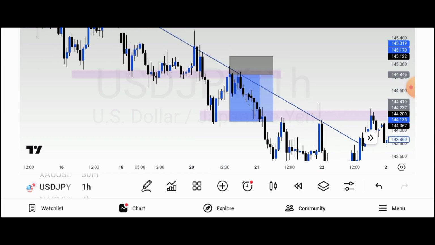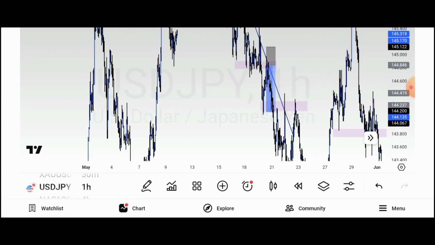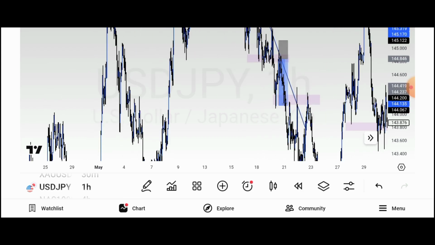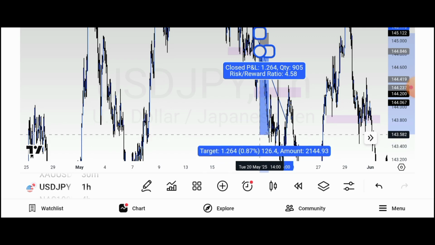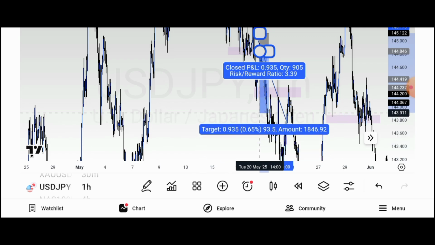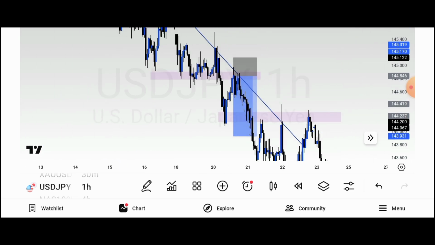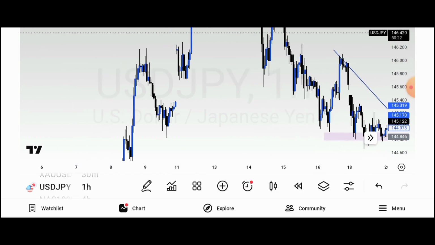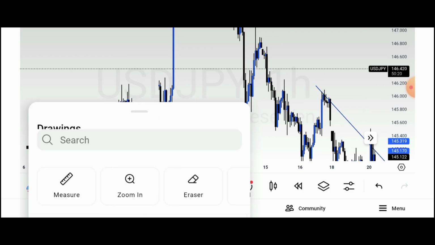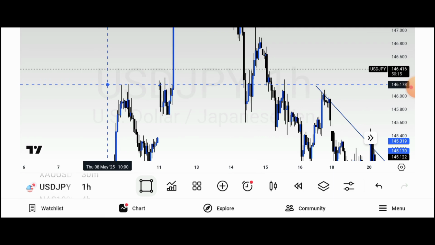You will still make profit, but since that zone has been respected a long time, I would like to drag my take profit all the way down to a good key level, let's say this one here, and it gives me 1 to 3. So however you do it, guys, this is how to use support and resistance. You can go back to your chart and practice over and over again. Now let me draw this last one.